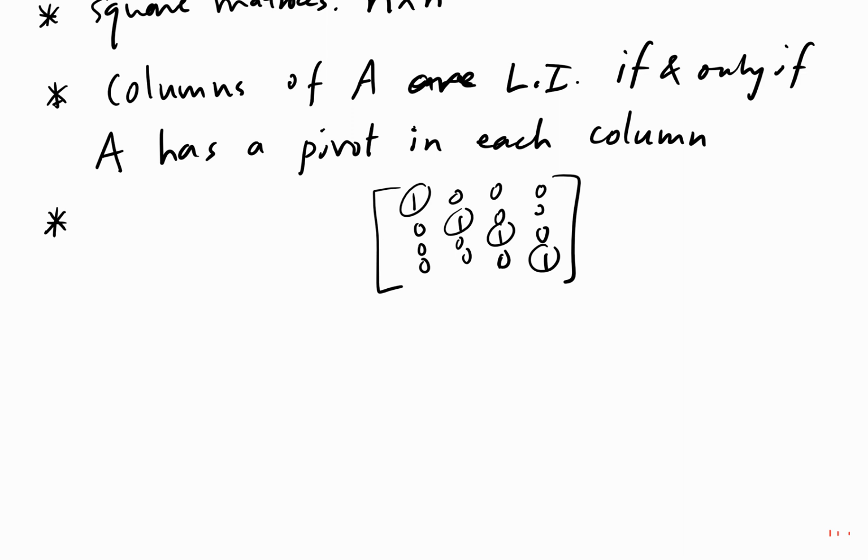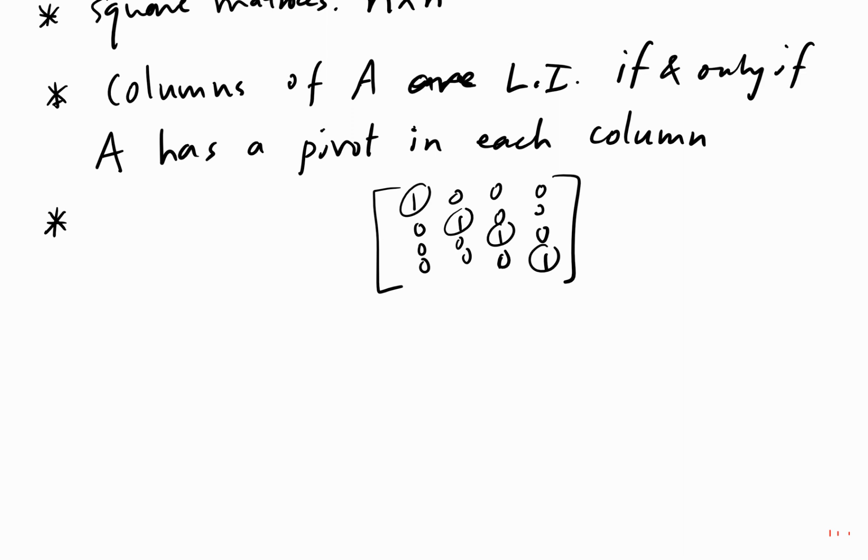Those are pivots: 1, 1, 1, 1. Someone is asking, do the pivots have to be ones? What do you guys think? No, they don't have to be ones. They can be any nonzero numbers.